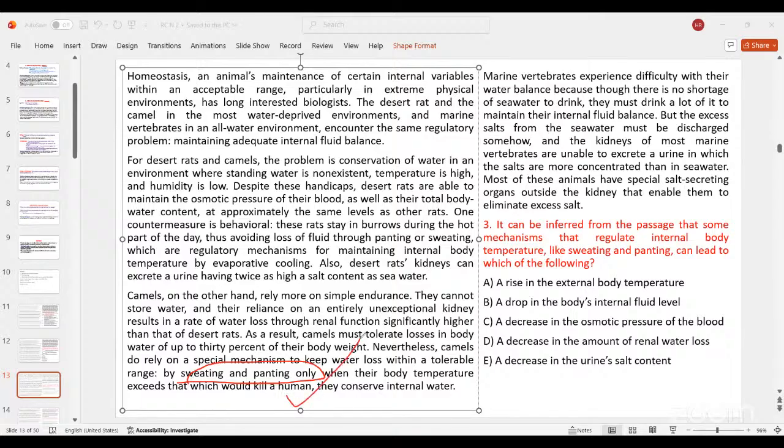It means they rely on it to maintain water loss when the temperature is very high. Somehow it is maintenance. Remember, maintenance will be your keyword. So the option that is related to maintenance will be the answer.